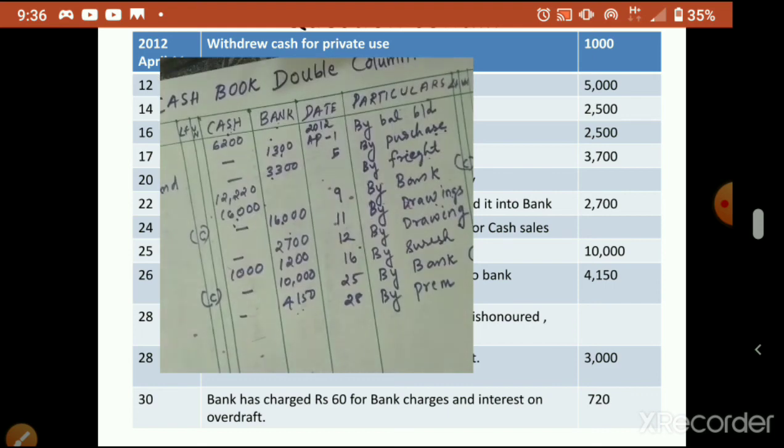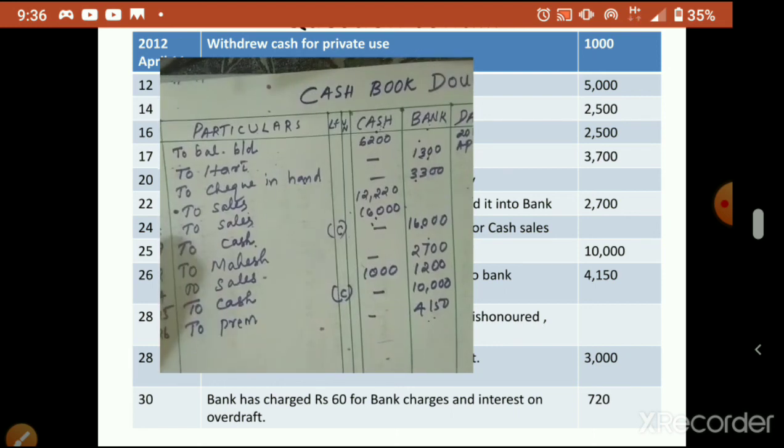Now next is Kishore deposited directly in our bank account. Yes, one customer has deposited directly in our account. So that customer has deposited directly in our account, which means the money is in the bank.